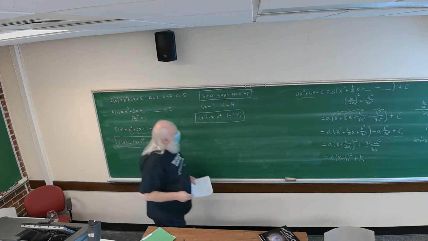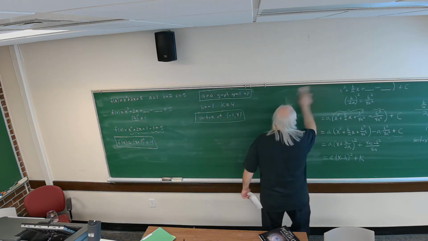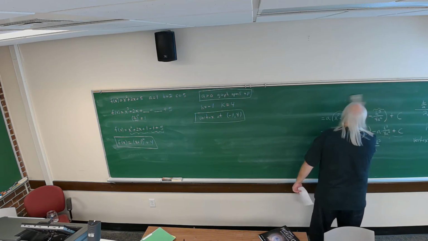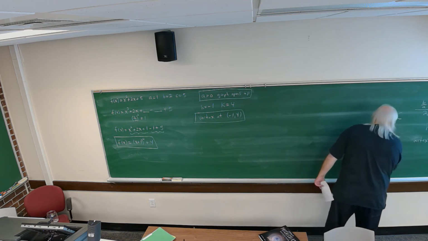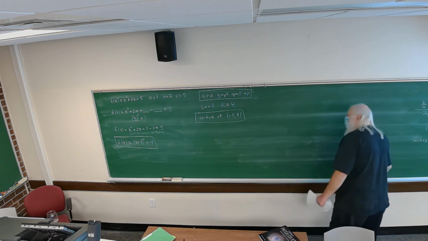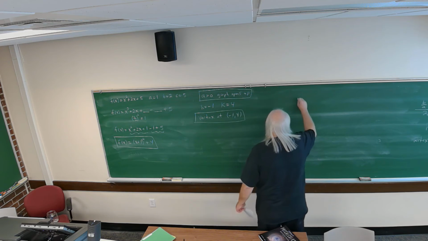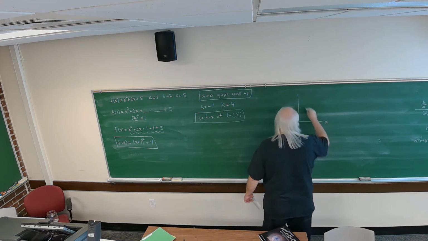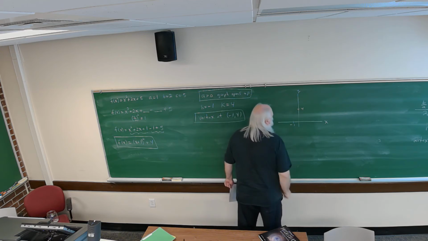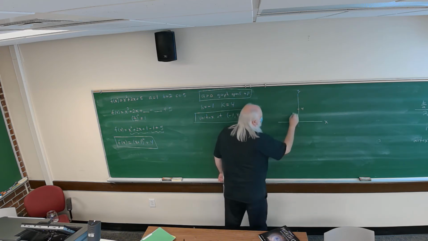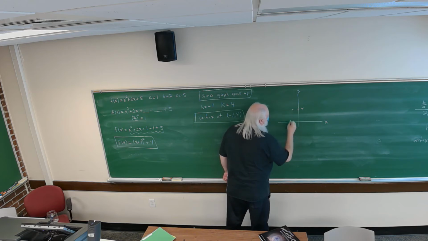Now you got to sketch the graph of the given function. Do you have enough information to give a rough sketch? Yes. So here's the coordinate plane, x and y axis, and here's -1 on the x-axis, 4 on the y-axis. And so here's the vertex at the point (-1, 4).